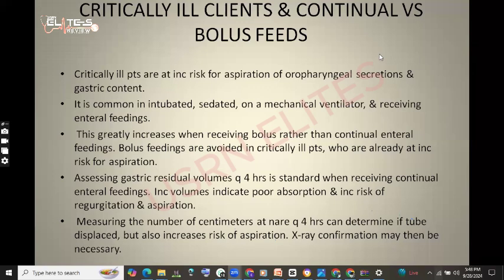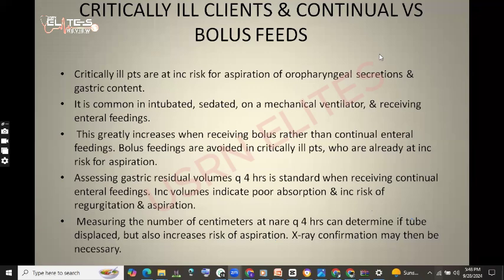When the 4 hours is up, what you have to do is go in there and do your assessment, like your gastric residual volume, you check your bowel sounds, tube placement, and all of that. Things you're supposed to do before you push food into the patient's NG tube or gastrostomy tube.